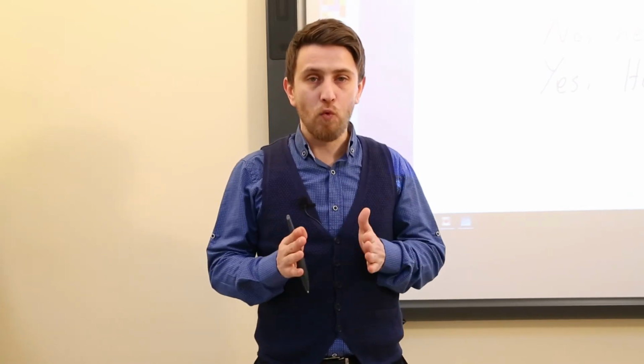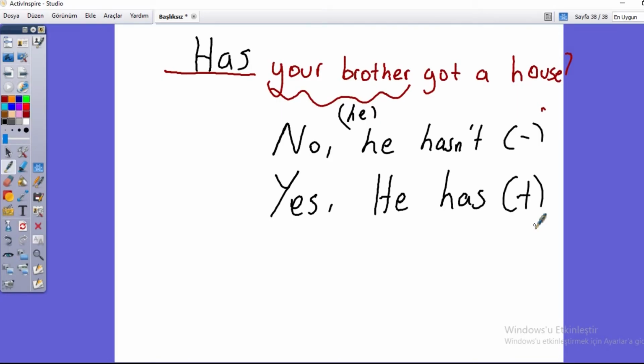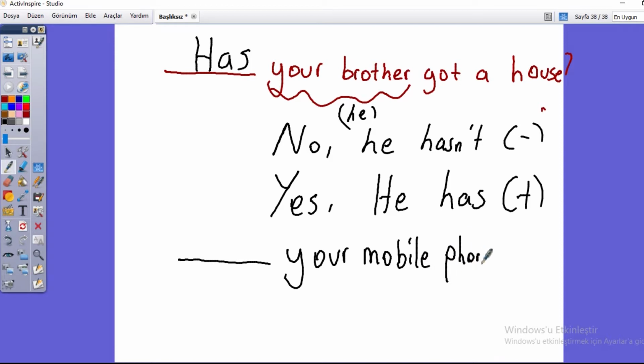Let's give the last one before we get on to the listening part. Your mobile phone got a camera. So look at the subject again. Your mobile phone. It's a singular subject.